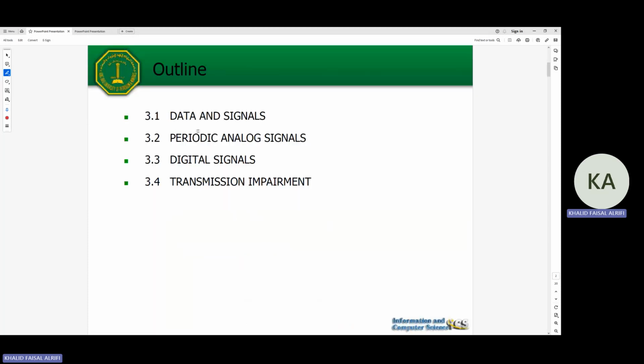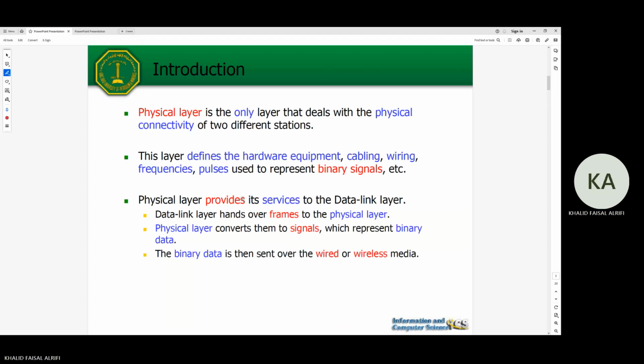The outline is data and signals, periodic analog signals, digital signals, and transmission impairment. The physical layer is the only layer that deals with the physical connectivity of two different stations. The layer defines the hardware, equipment, cabling, wiring, frequencies, and pulses used to represent binary signals.